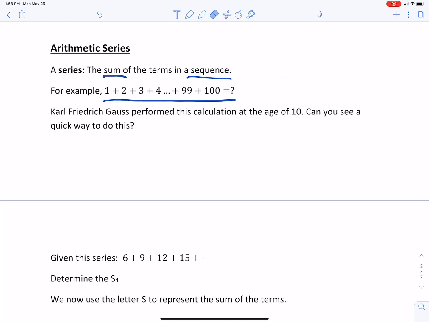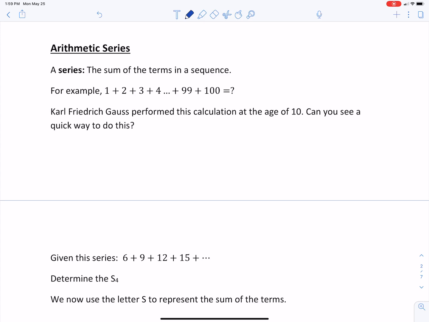Next, this example is a classic arithmetic series, and it says the mathematician Carl Friedrich Gauss performed this calculation at the age of 10. Can you see a quick way to do this?